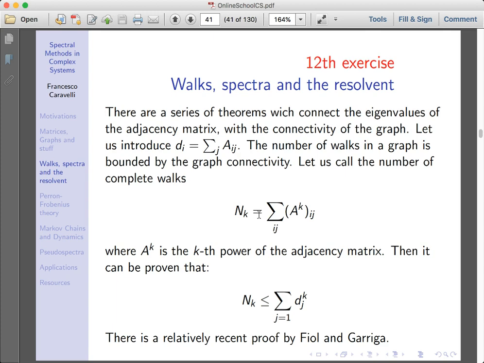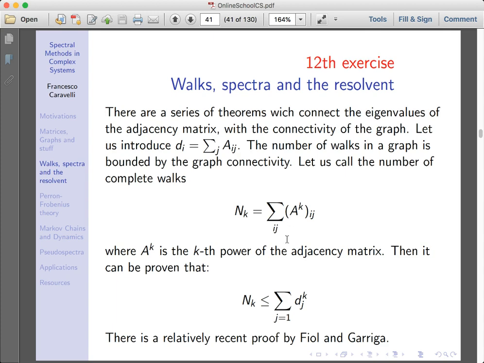If you define N_k as the sum of the elements of the matrix A to the k, then N_k is exactly the number of walks of length k. Now, it's not hard to see that necessarily N_k must be less than or equal to the degree of the graph to the k, because this is basically a trace in many ways.